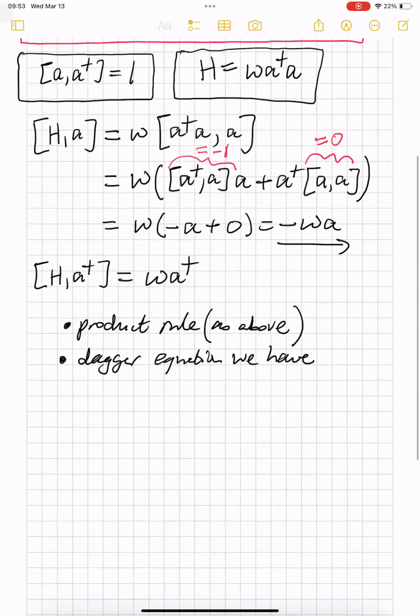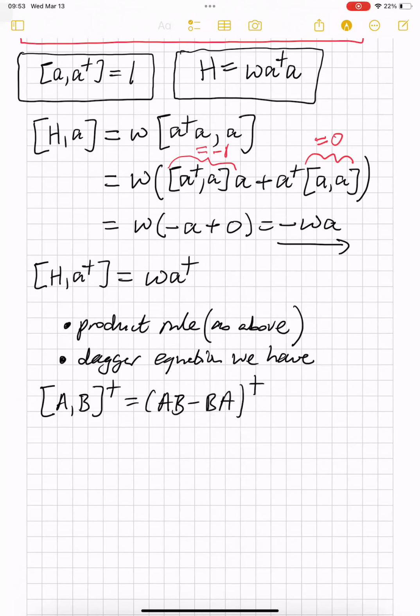Just a few formulas that may be useful for you. If you've got the commutator of A, B and you dagger that, that's AB minus BA, daggered. Now, what does dagger do? It reverses the order of the operators and it daggers each operator. So this would be the commutator of B dagger with A dagger.